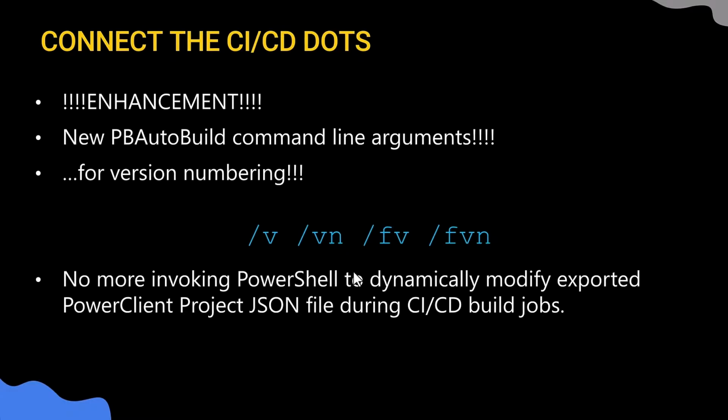Now, yes, you could have statically at design time incremented the deployed version as you saw me do during the demo. But in a CI/CD environment, you really would like this to be done dynamically. And here we are. We have these new command line parameters, arguments that can actually act as variables in your, let's say, DevOps pipeline build job.